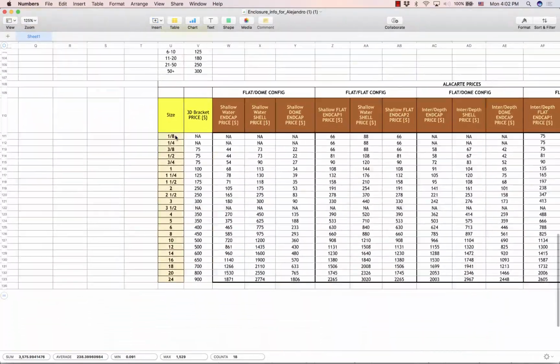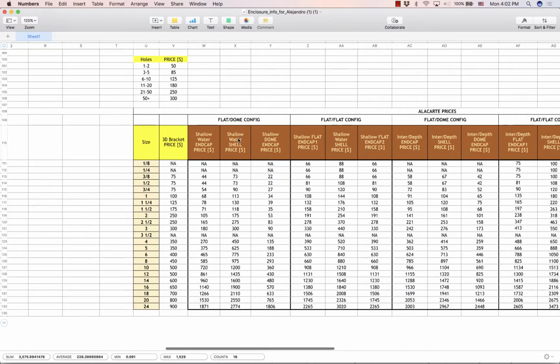So if we're doing the shallow water end cap for 3/8, here it is. The end cap costs us $44, the shell costs us $73, and the second end cap, which is dome, the first one was flat, the second one dome, costs us $22.